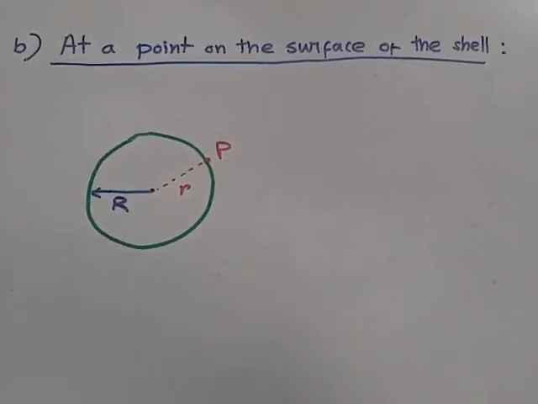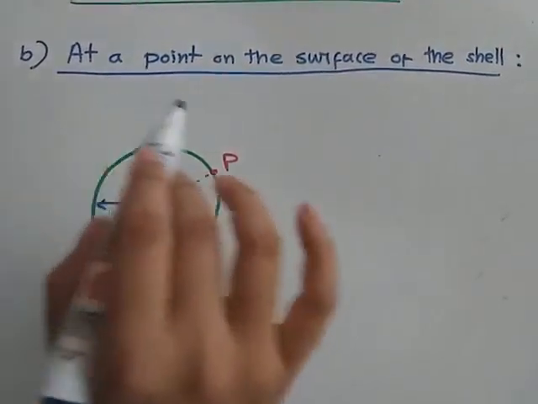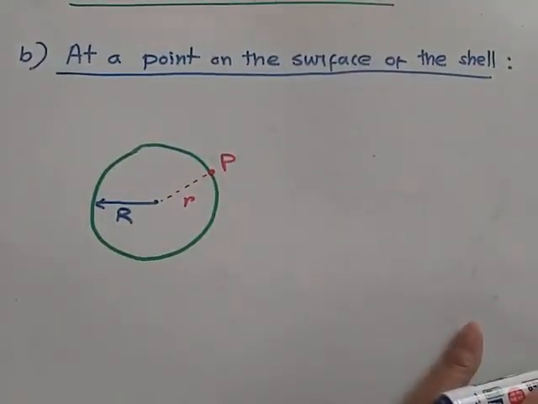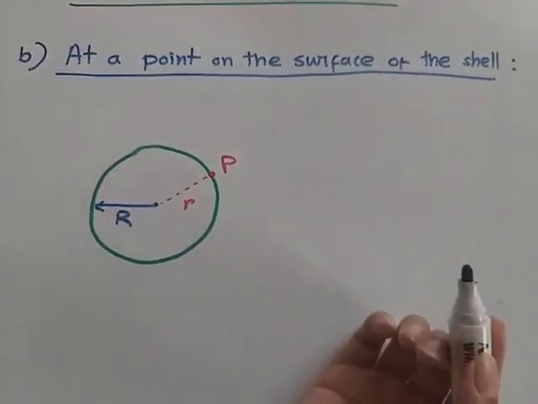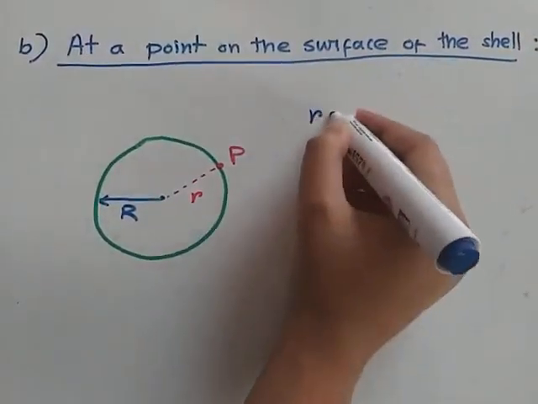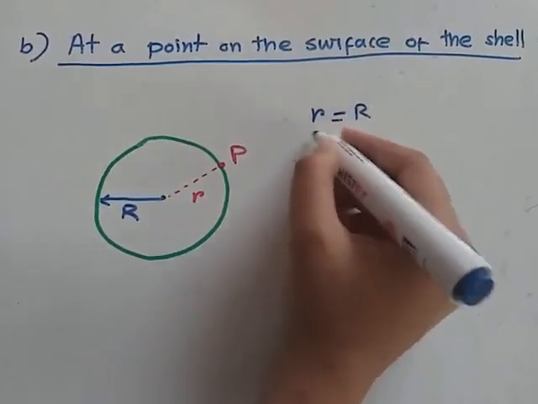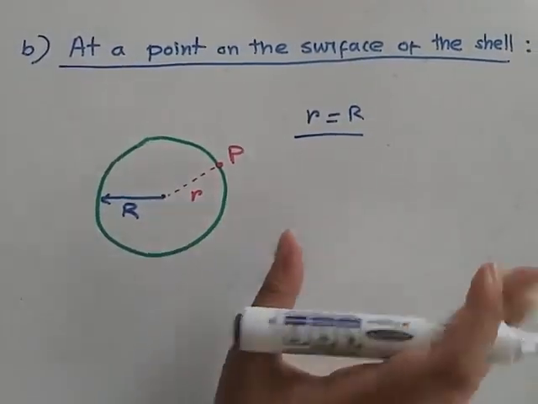Here we have to find the electric field intensity at a point on the surface of the shell. Here the point is situated on the surface of the shell. So obviously small r is equal to capital R for this case.